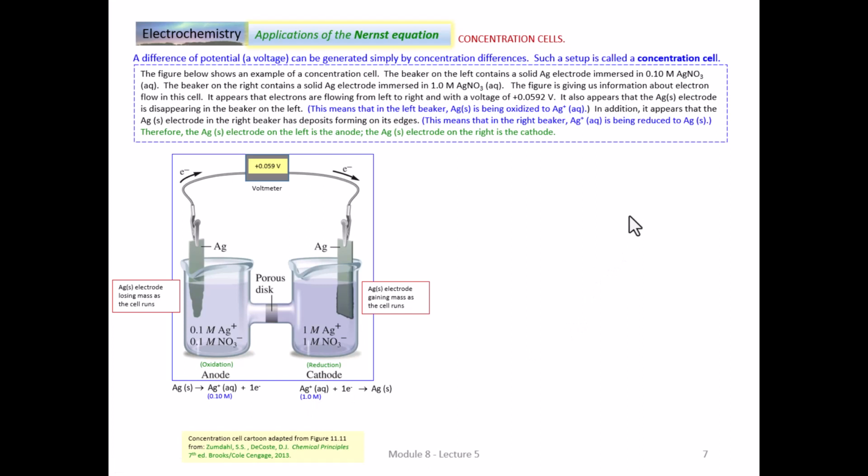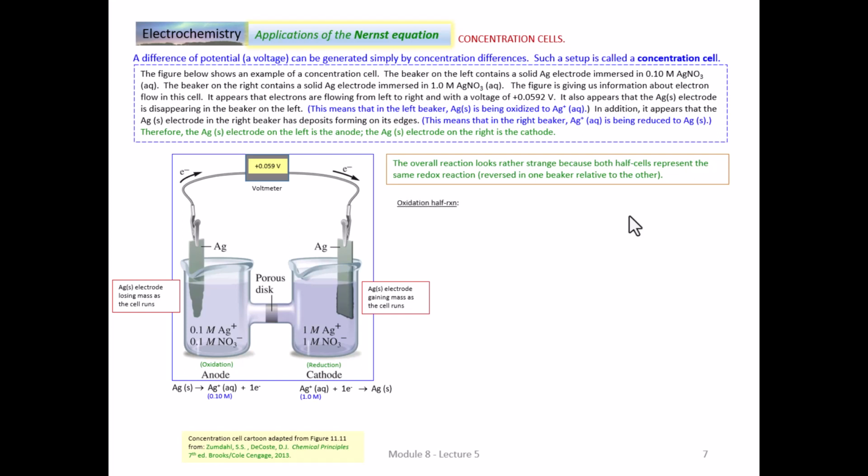Okay, now if we try to write an overall reaction for this, it's going to look rather strange because both half cells represent the same redox reaction. It's just that it's reversed in one beaker relative to the other, but let's give it a try here.